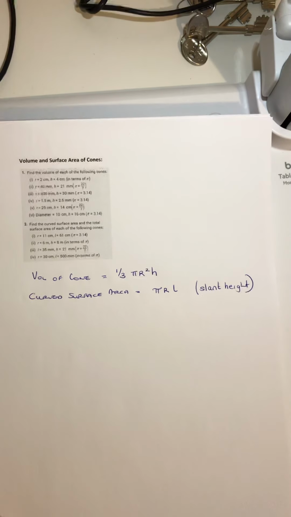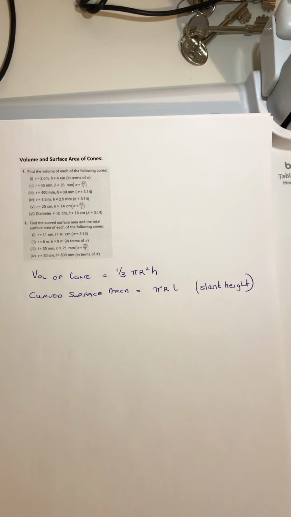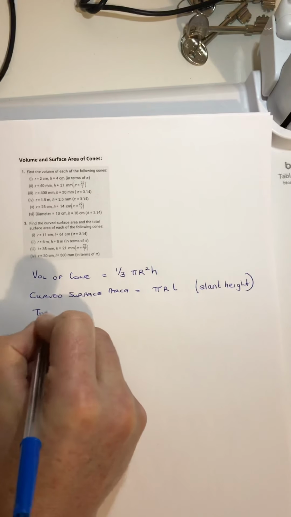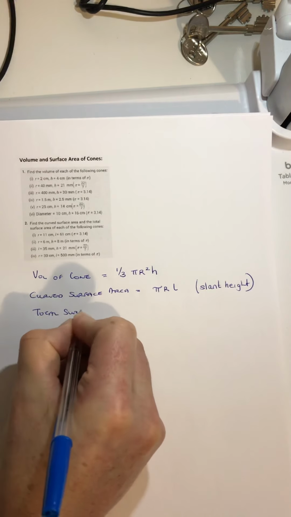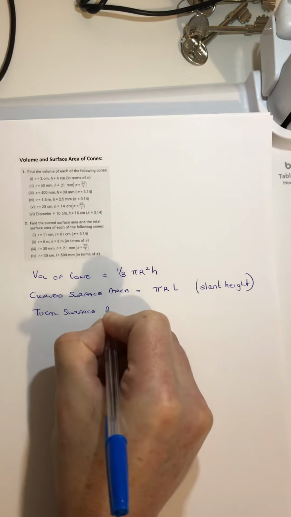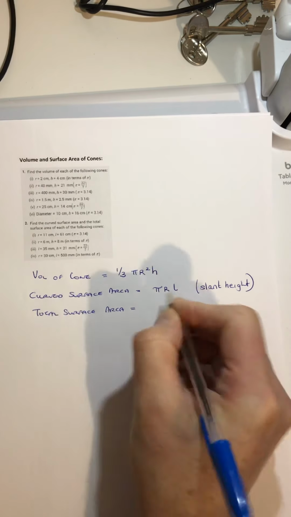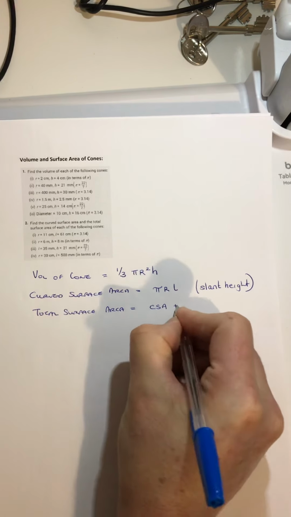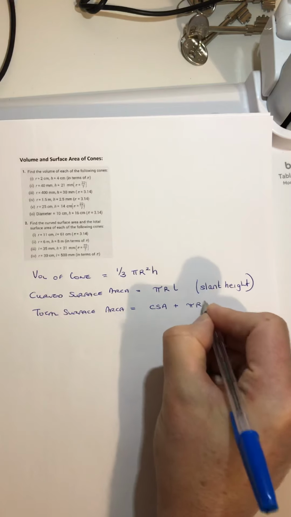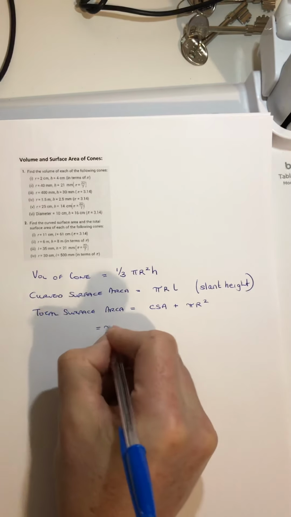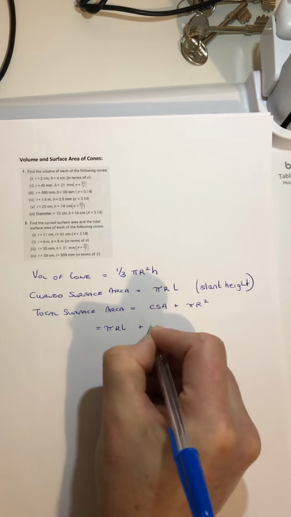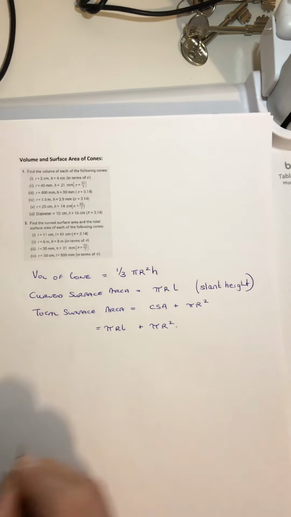So L is the slant height. Okay, and your total surface area will be equal to the curved surface area plus a circle on the bottom, pi r squared, which will be equal to pi r L plus pi r squared.